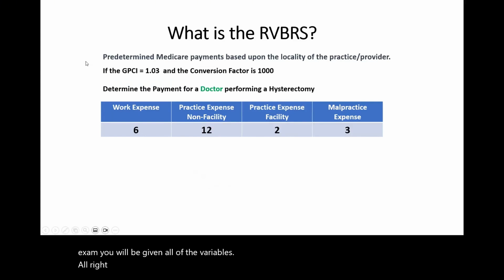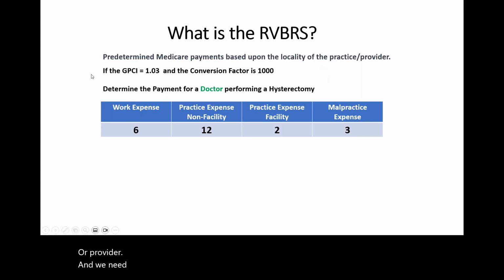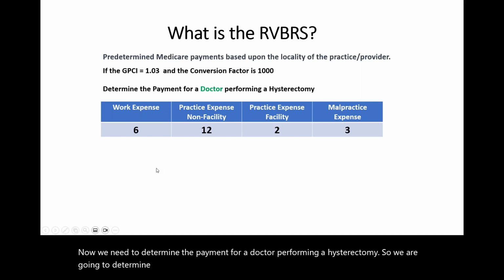So we have predetermined Medicare payments based on the locality of the practice or provider, and we need to determine the RVU and payment, if the GPCI equals 1.03 and the conversion factor is 1,000. Now we need to determine the payment for a doctor performing a hysterectomy.